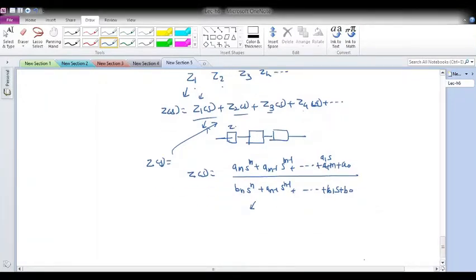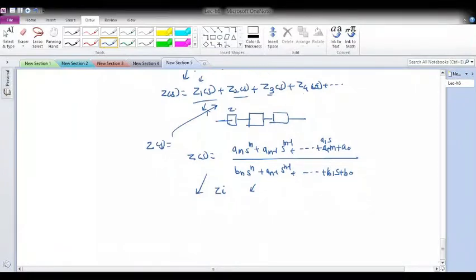In order to break it up, the question now is how to break it up into a number of Zi's. If you look carefully at this impedance, which is PR, there have to be three cases. One case will definitely be a pole at origin, which means at s is equal to 0.